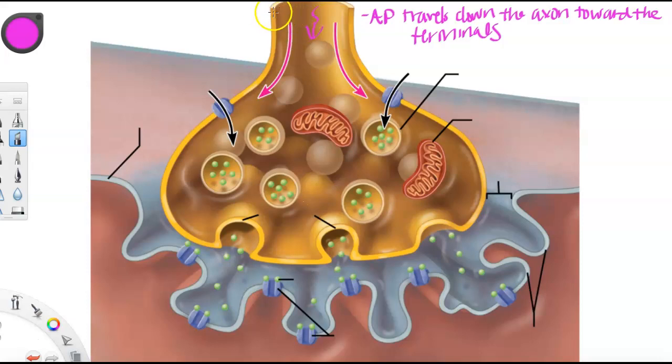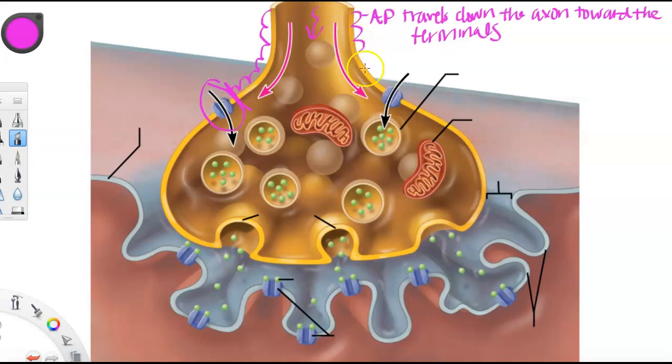The action potential is jumping all the way down the plasma membrane of the neuron. As it's traveling down, that action potential is changing the voltage on the membrane all the way down.